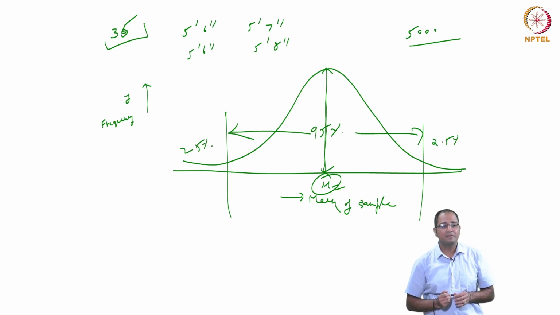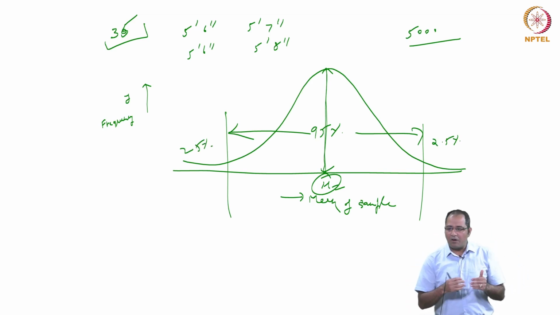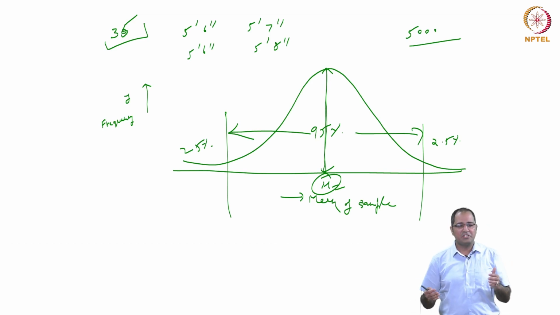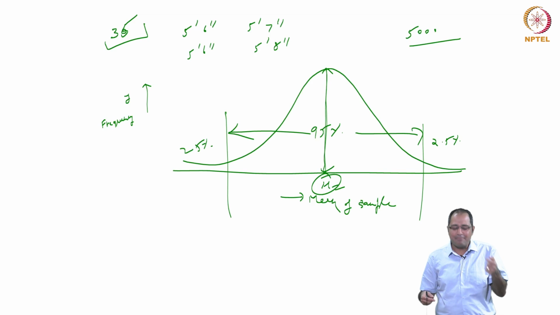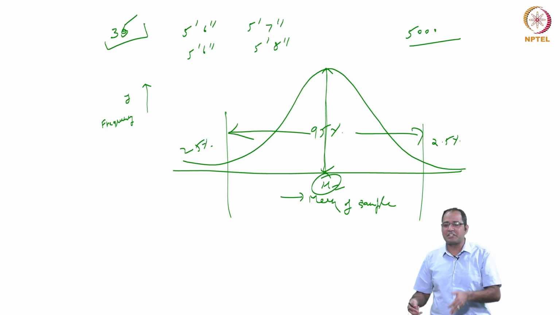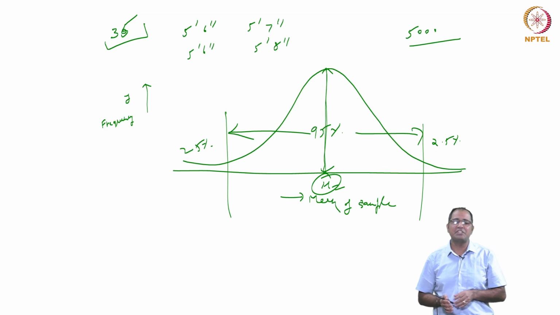So when I draw this particular curve for all the means that I extract from the population of 5,000 BTech students, and my sample is 35 each time, I put the mean for infinite samples and draw this curve. I will get this curve, which is called the sampling distribution.